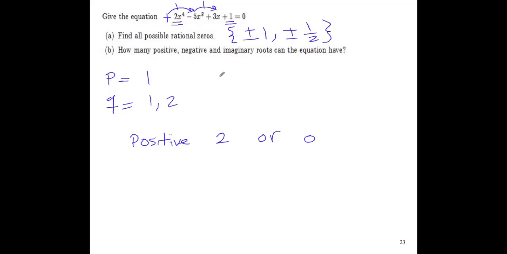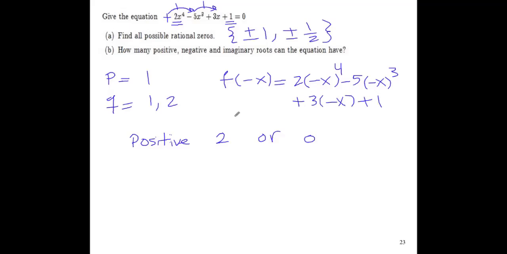For the negative, you need to calculate f of minus x, which is 2 times minus x to the power of 4 minus 5 times minus x to the power of 3, plus 3 times minus x plus 1. So this would be 2x to the power of 4 plus 5x to the power of 3 minus 3x plus 1.